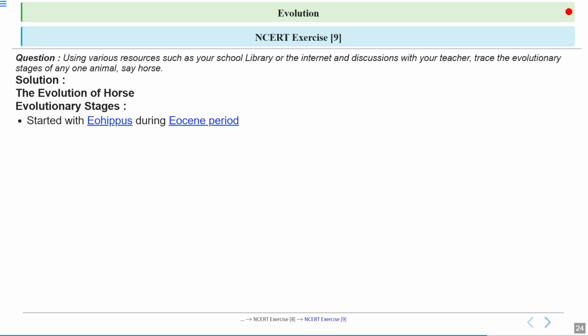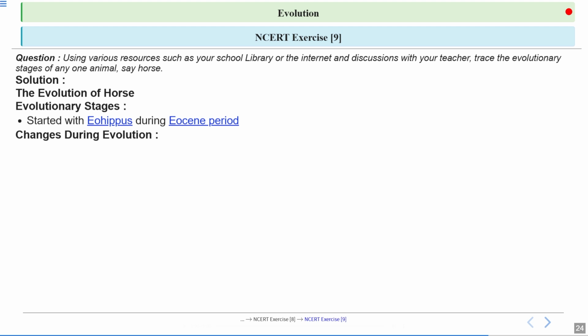So starting with Eohippus during the Eocene period. Clear? So what happened there? Evolution of the horse started with Eohippus. This is the ancestor of the horse. This existed in the Eocene period.